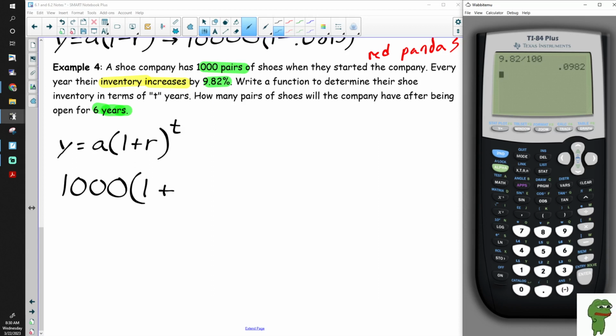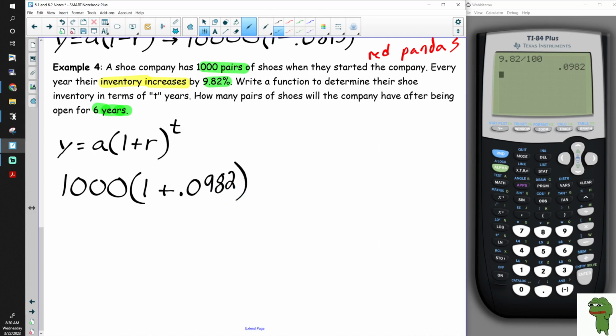So if you ever get a wacky answer, it's probably because your decimal got a little wonky. 0.0982. And our time period we're looking at for this problem is 6 years.